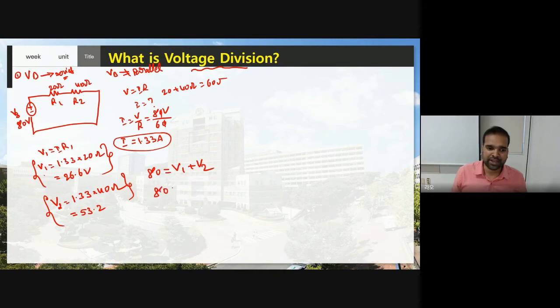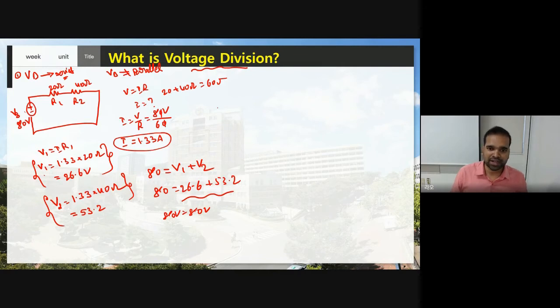Therefore 80 equals 26.6 plus 53.2, which is almost equal to 80 volts. So what happened? Whatever voltage source I have connected here, that voltage has some voltage drop across the elements. This voltage drop occurred when the circuit is connected in series.